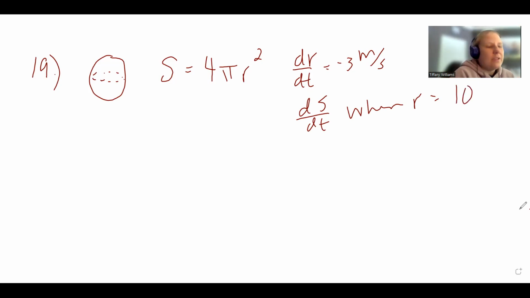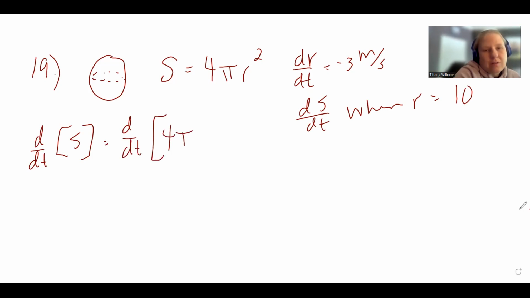Okay, so the first thing I'm going to do is take the derivative of the formula we just came up with, with respect to time. So I'm going to have d/dt of big S equals d/dt of 4 pi r squared. When you take the derivative of S, you get ds/dt.